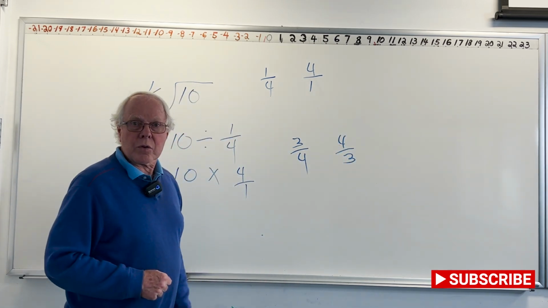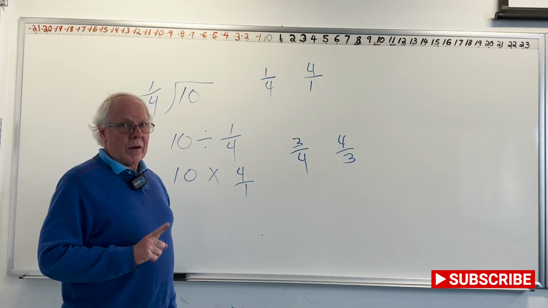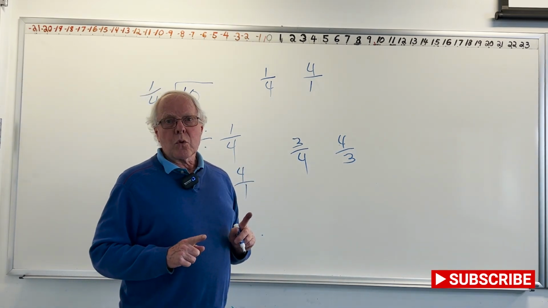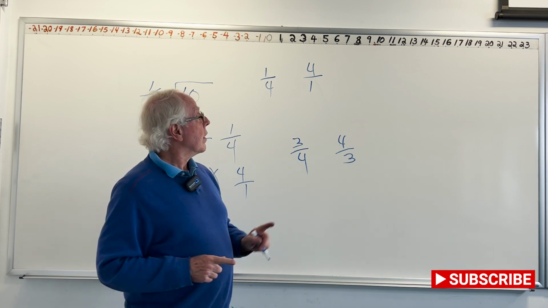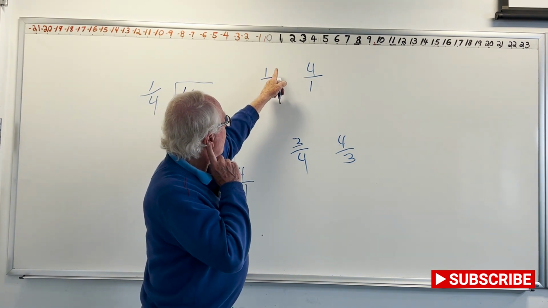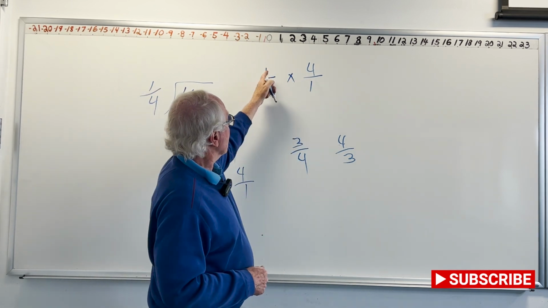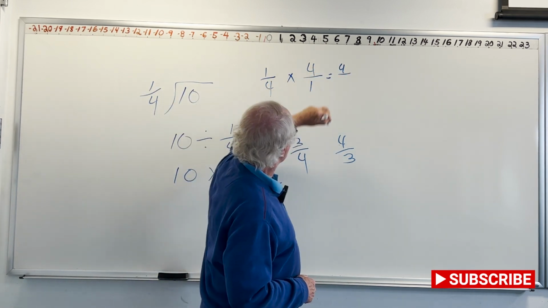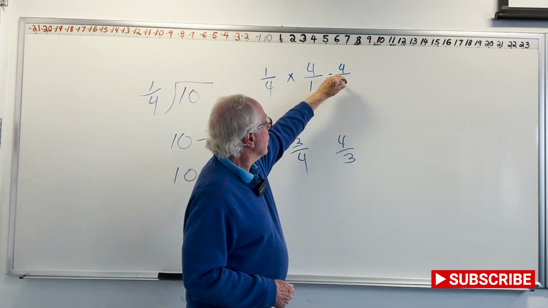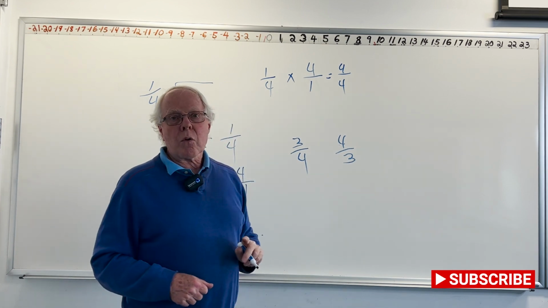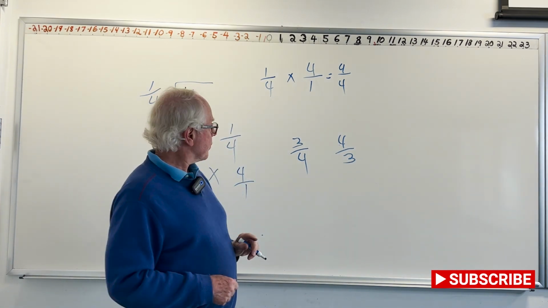The mathematical definition for a reciprocal is either of two numbers whose product is 1. So if we multiply 1/4 times 4/1, I don't think you'll be surprised. 4 times 1 is 4. 1 times 4 is 4. 4/4 is 1. These two numbers are reciprocals of each other.